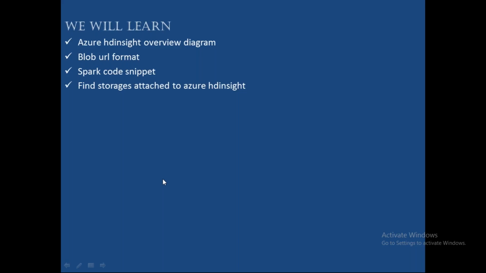You can only read data from blob storage, data lake storage Gen 1 and Gen 2 by using an Azure HDInsight Spark cluster. If you are using SQL database or SQL data warehouse, you cannot read it by using an Azure HDInsight Spark cluster. If you still want to process this data, say you have data in SQL database and want to process it by using an Azure HDInsight Spark cluster, then you need to bring that data from SQL database to data lake storage Gen 1 or Gen 2 or blob storage.